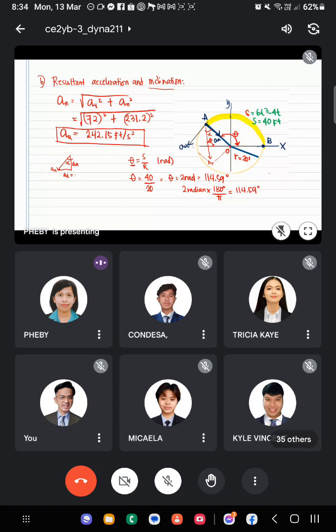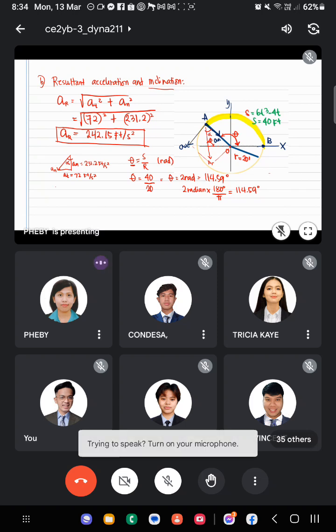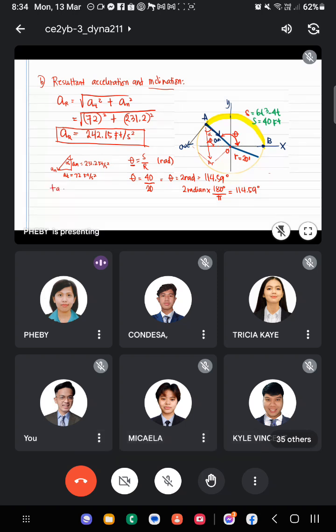AT is 72 and AN is 231.2 feet per second squared. To get alpha, this will be opposite over adjacent, so tangent alpha is 72 over 231.2.